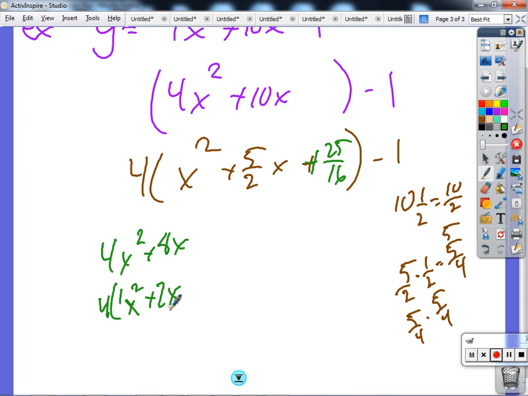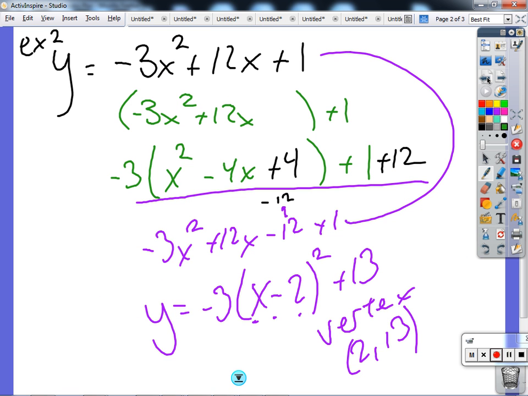Now remember, to complete the square, I got to cut this guy in half, right? So here is that part. 5 halves times a half is 5/4. Okay. With that, after we cut that guy in half, we have to square it, right? Isn't that the process of making a square?